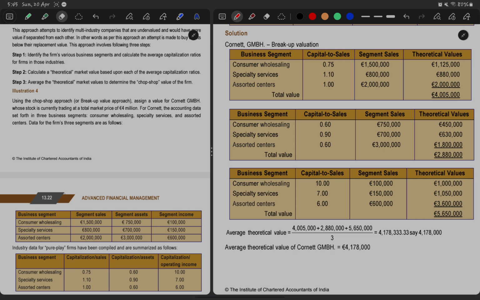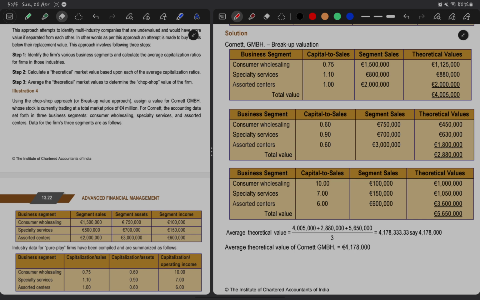When you are valuing a diversified company, like Cornet GmbH in our case, each segment operates in a different industry, and we cannot use a single multiple for the whole company.